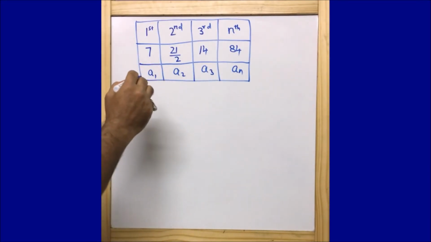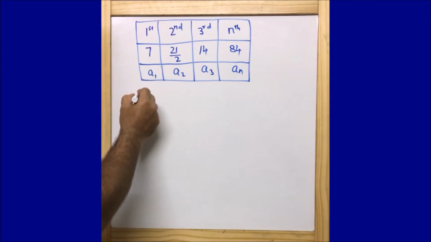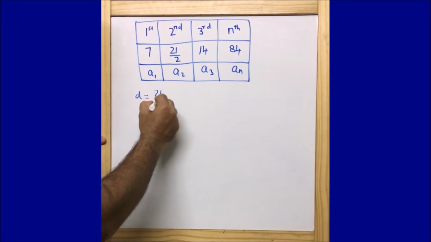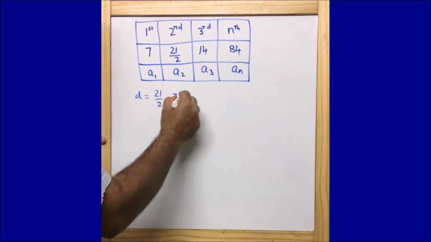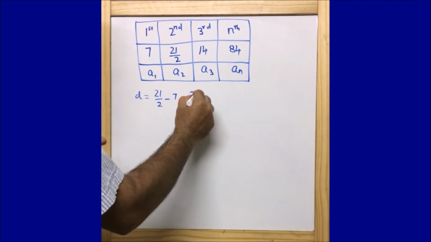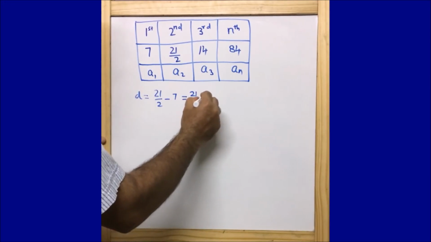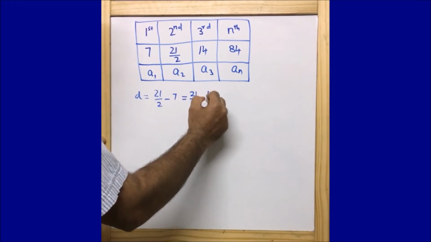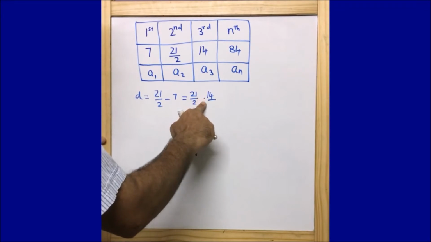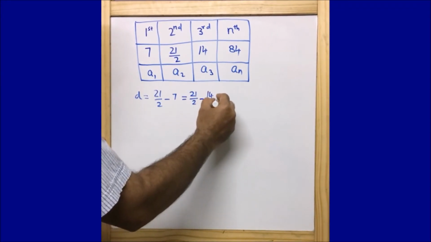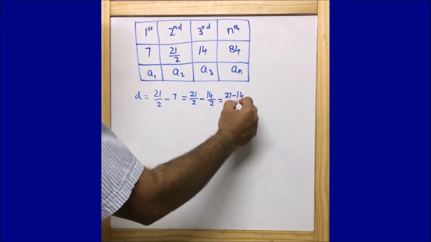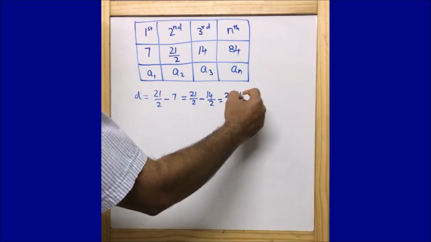Here the common difference D is equal to 21/2 minus 7, which I can write as 21/2 minus 14/2, which is equal to 7/2.